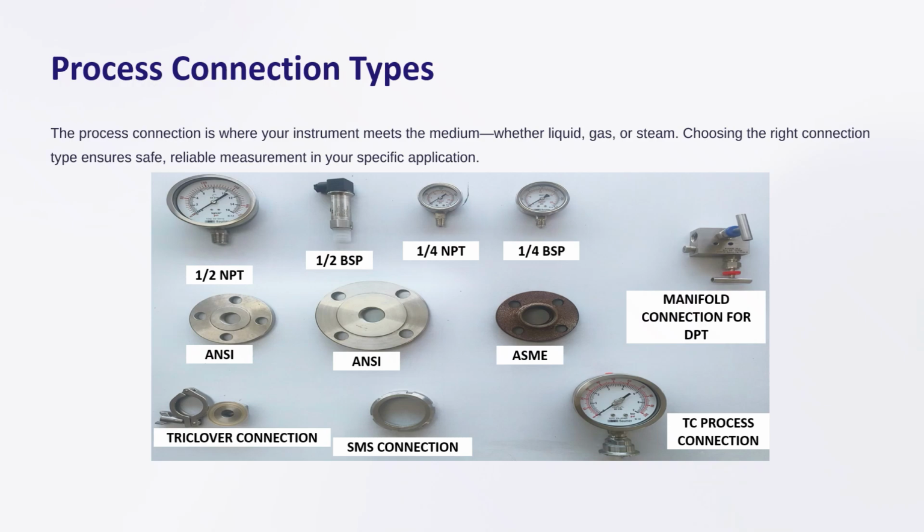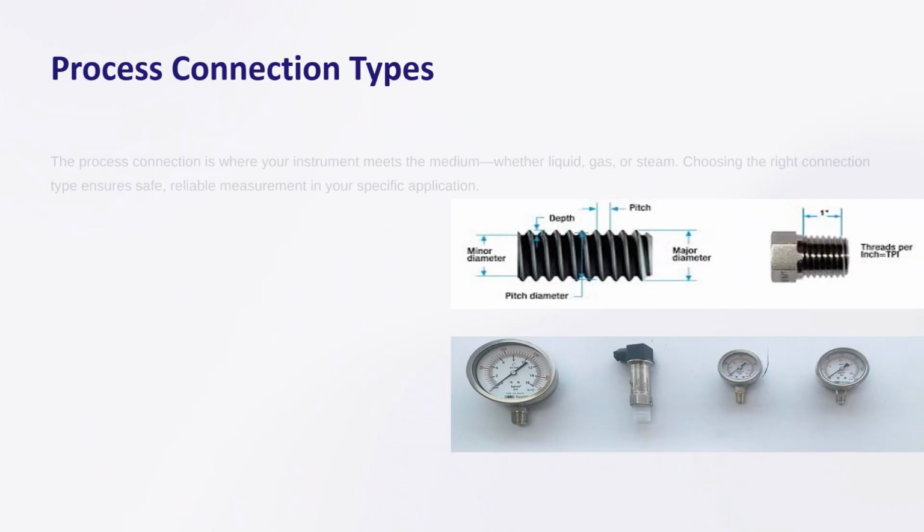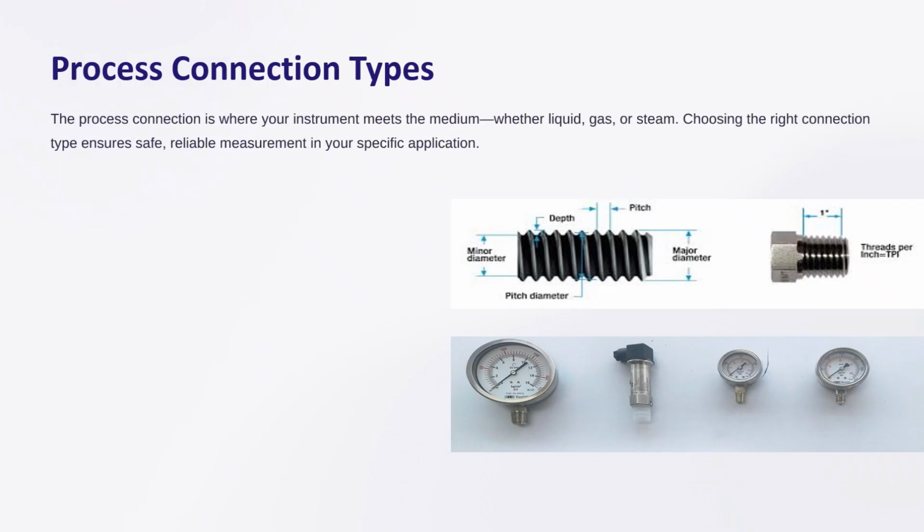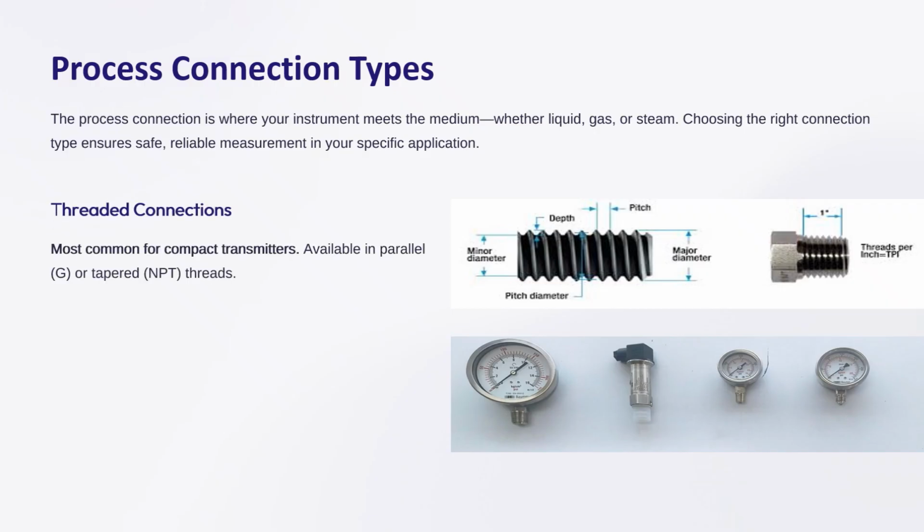A. Threaded connections, most common for compact transmitters and general applications. Threads can be parallel, G, or tapered, NPT type. Common standards: half-inch NPT, male-female, American National Pipe Thread tapered. Half-inch or 1/4 inch BSPP, British Standard Parallel Pipe.